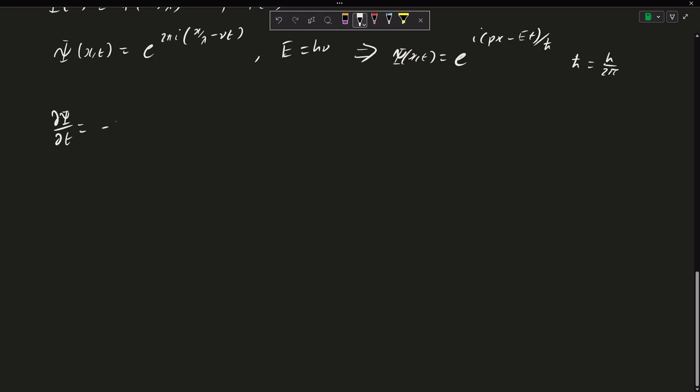If we now take the derivatives of this, we get minus i E psi over h bar, and then we find that i h bar d psi by dt is equal to E times psi.